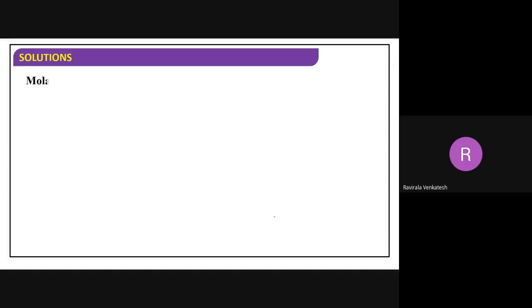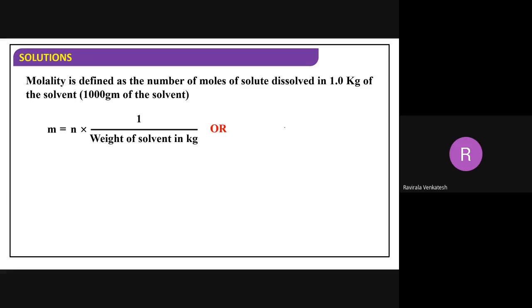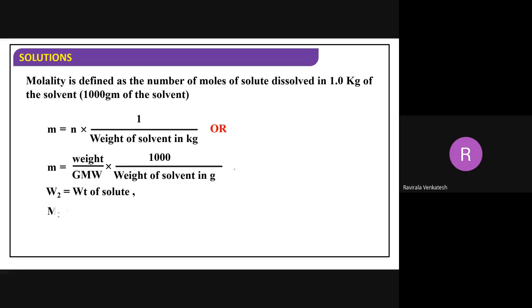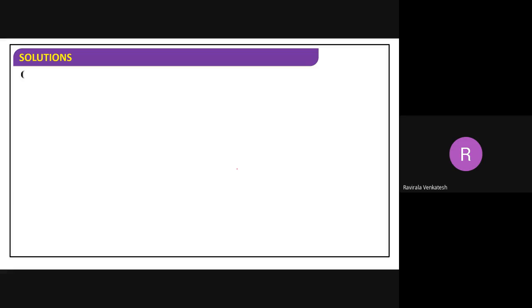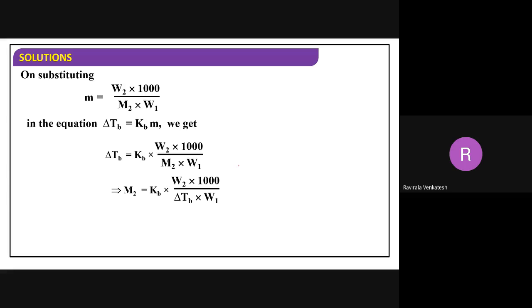Now let me take the formula again. I am writing it here. If you don't understand, I will write again later. Delta TB is equal to the boiling point of solution minus the boiling point of water.